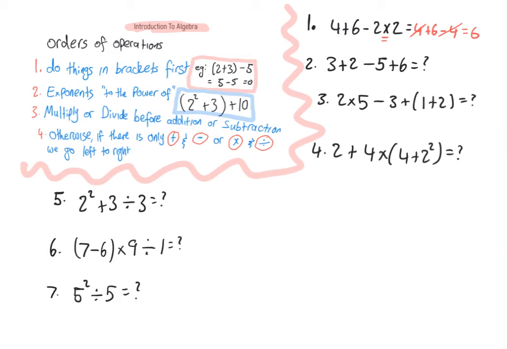And that's what we're going to do. So 3 plus 2 is 5, minus 5 equals 0, plus 6 equals 6.